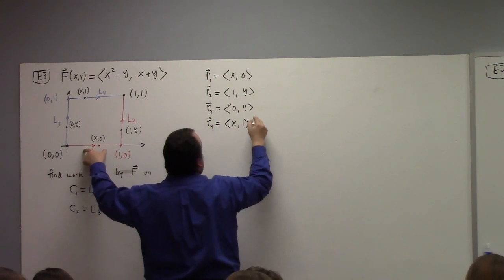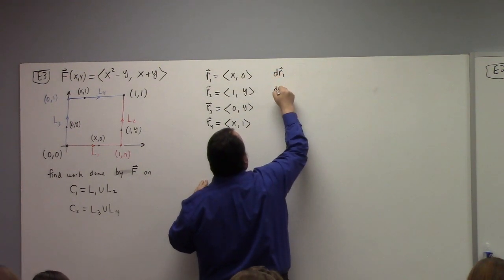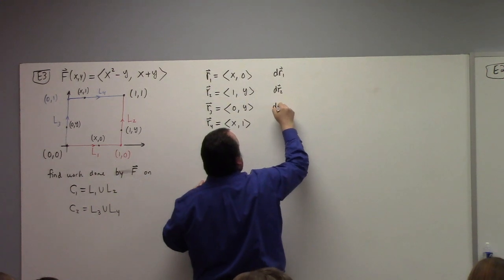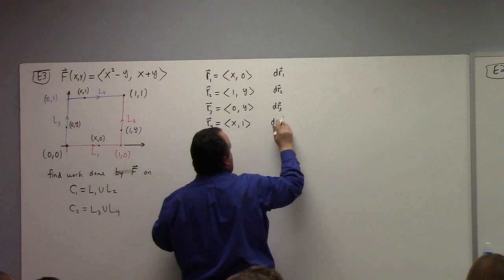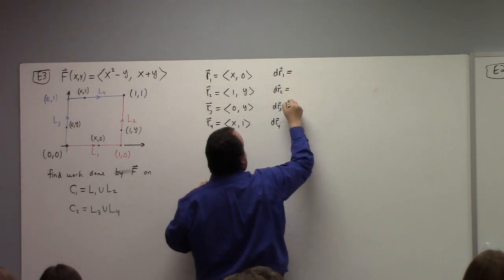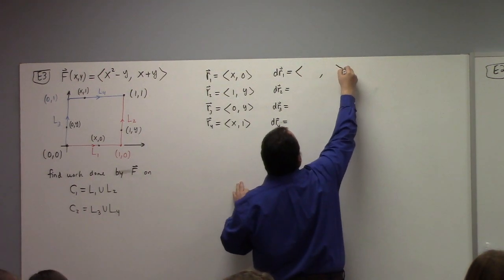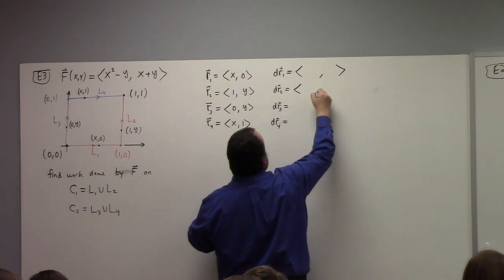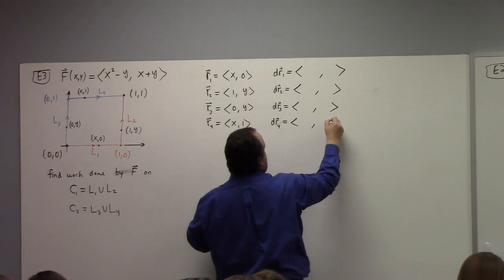Then, if you like, we can calculate the infinitesimal displacements along each of these paths in this sort of natural fashion. You guys tell me, what do you think these are going to be? I'll do the first one, you guys do the second one.